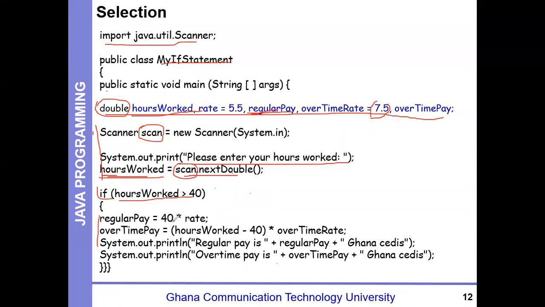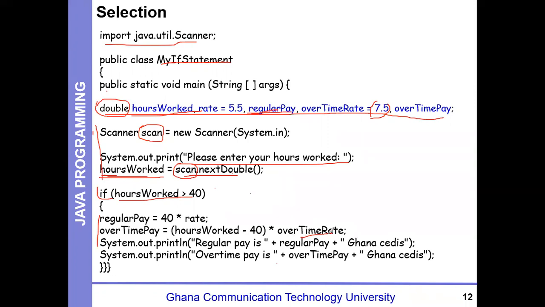If this is greater than 40, now go ahead and do this. Multiply your regular hours, which is your 40 hours, by your regular rate, and then multiply your overtime by... how do you get overtime hours? You take the hours worked, subtract 40 from it, and then multiply by the overtime rate to get the overtime pay. If you don't follow this arithmetic, how many hours did you do? 50.